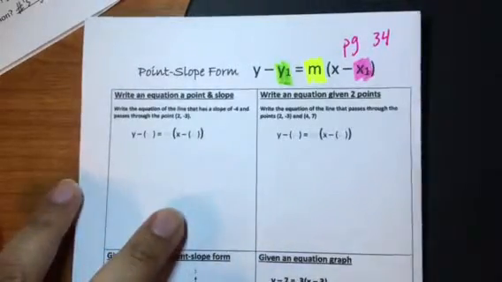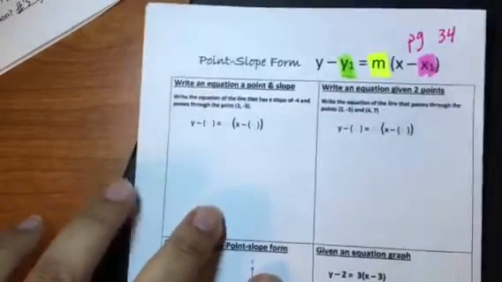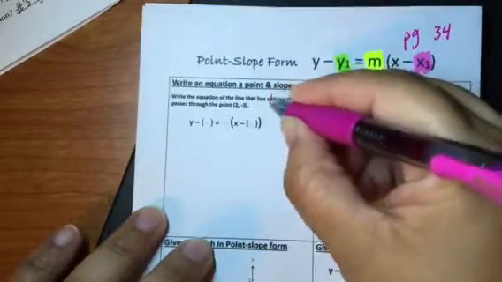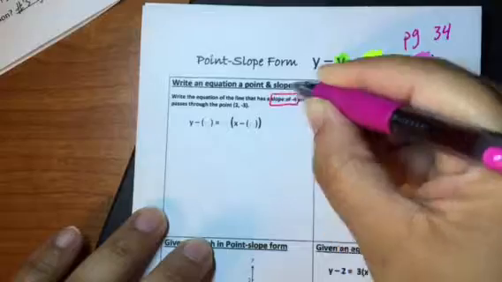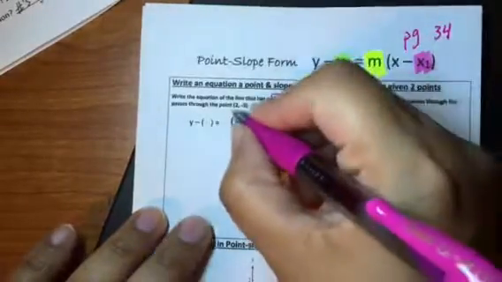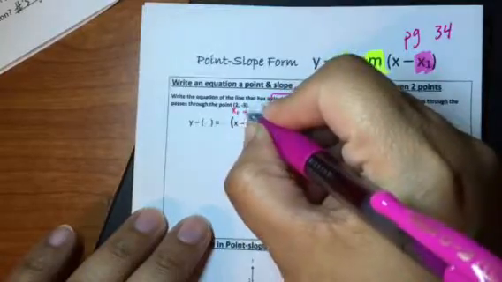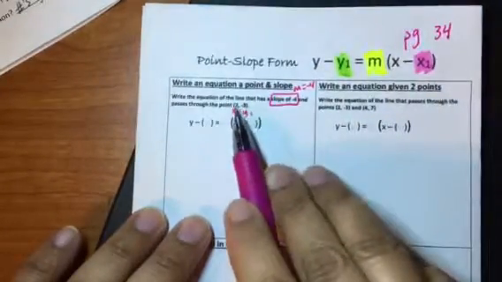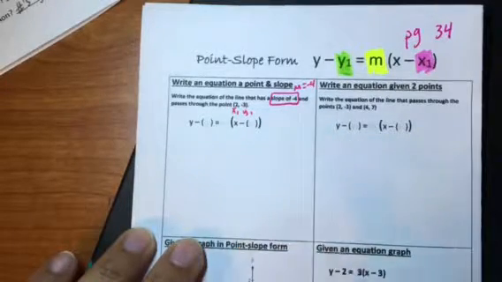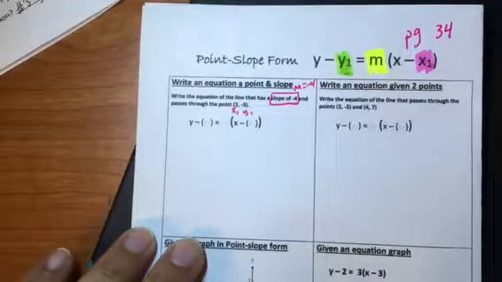So if you look on the very first one, this one's a little easier than the others because they just flat out tell you that your slope is -4 and your point is 2, -3. So literally all you're doing is plugging in these points.